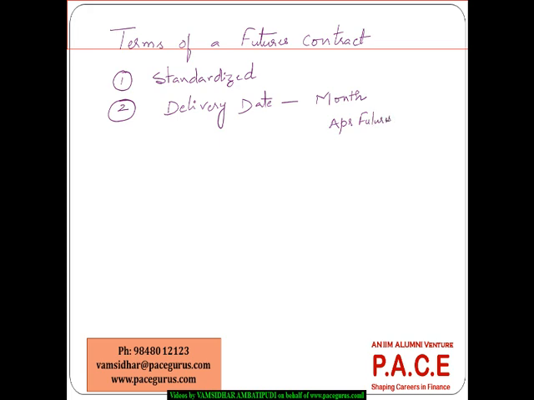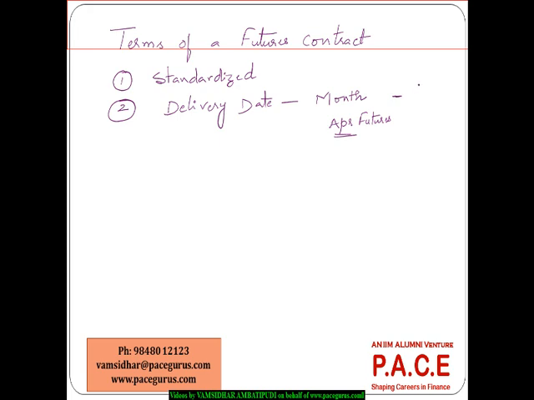Means all these futures contracts are settled only on one single specific day in April. So there is only one single delivery date for the entire month. So that's the reason they are mentioned through the delivery month rather than a date.